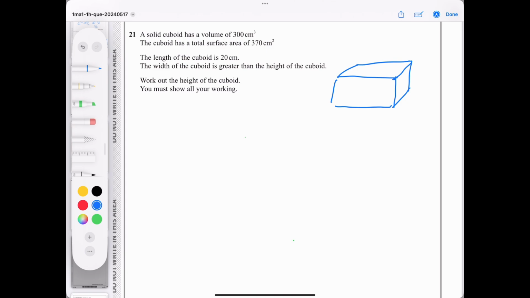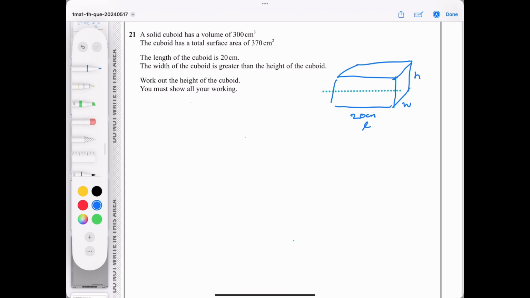The length of the cuboid is 20 centimetres, and the width is greater than the height. I've not really represented that well. Work out the height of the cuboid, and you must show your working.